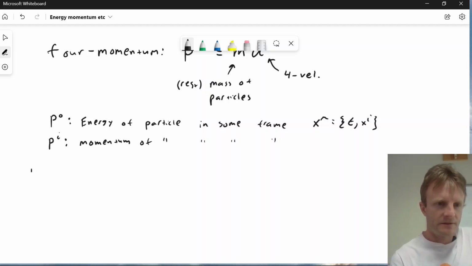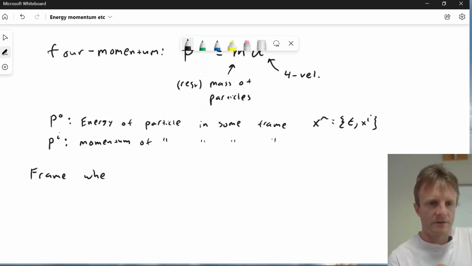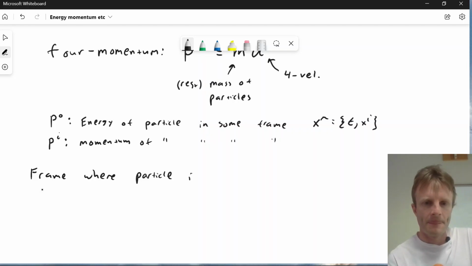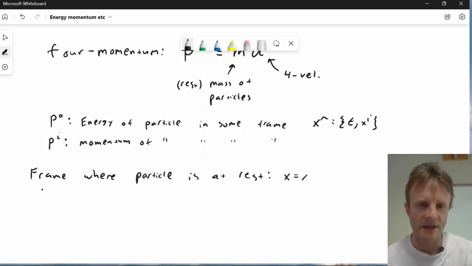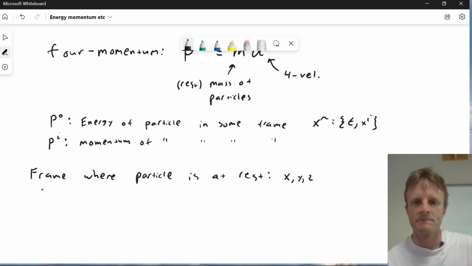So first of all, let's do a frame where the particle is at rest. In this frame, x, y, and z are all constant. That's the definition of rest.